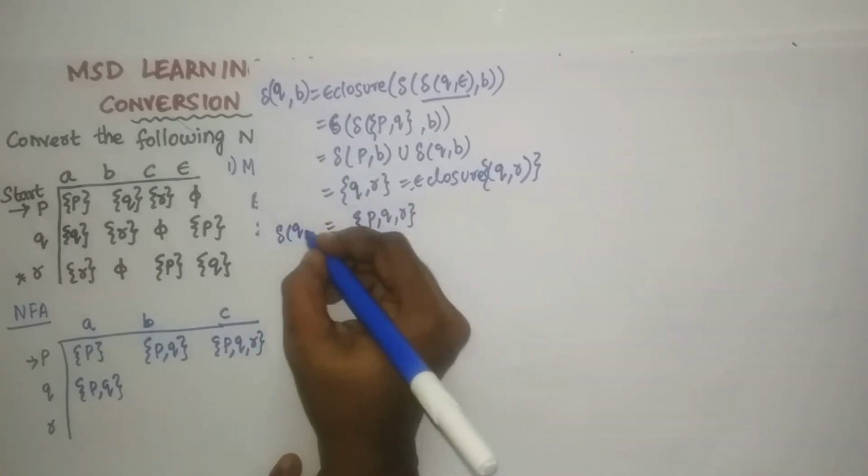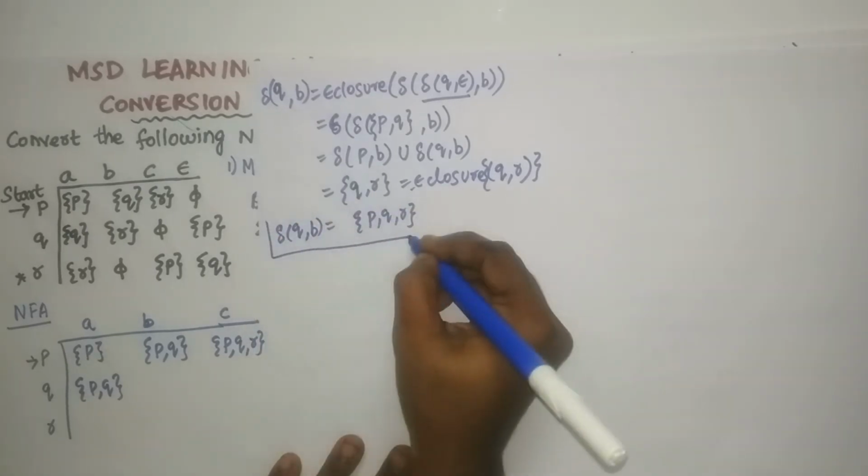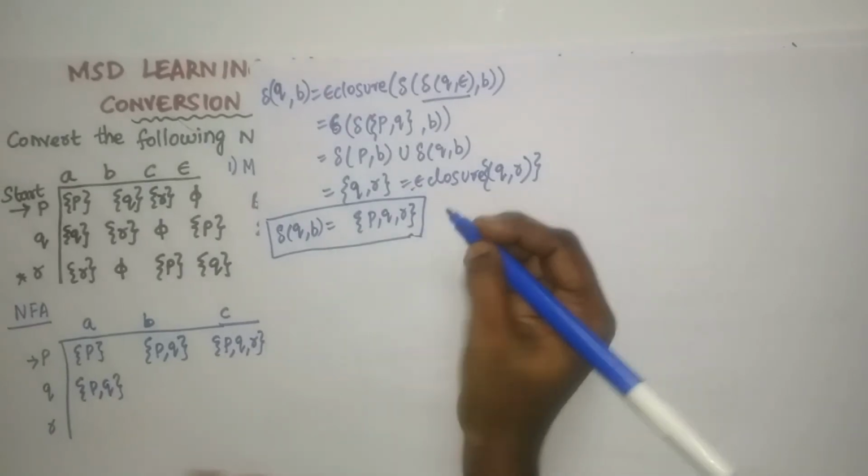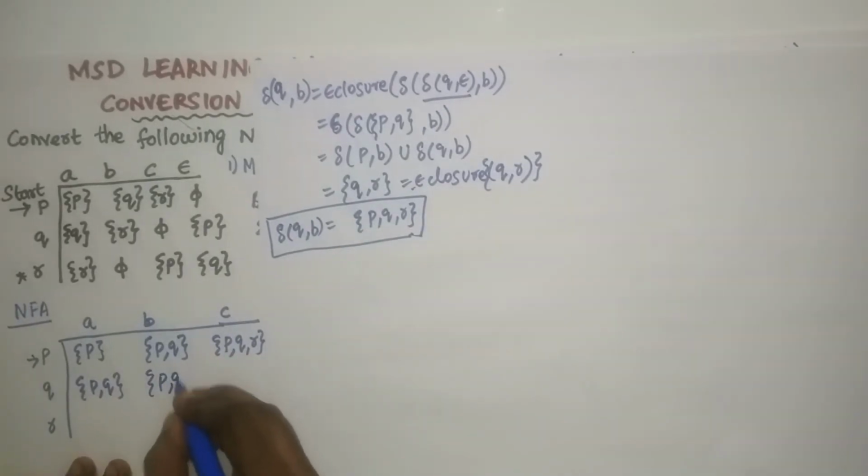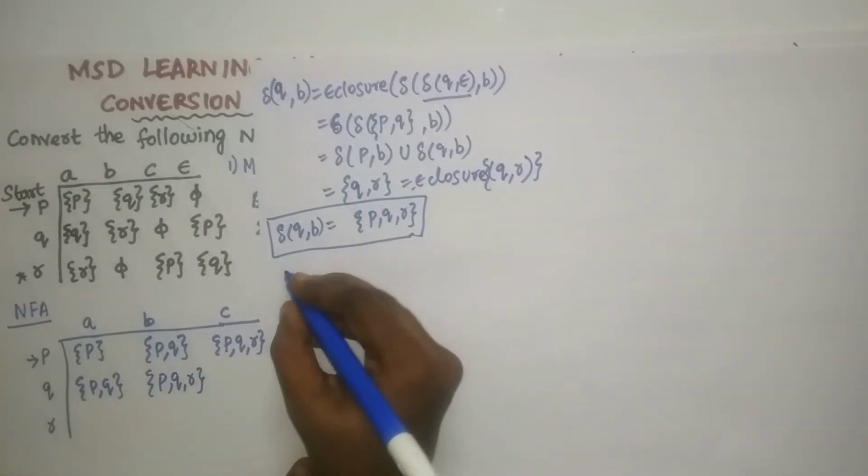So δ'(Q, B) equals {P, Q, R}. So directly write the result here, {P, Q, R}.